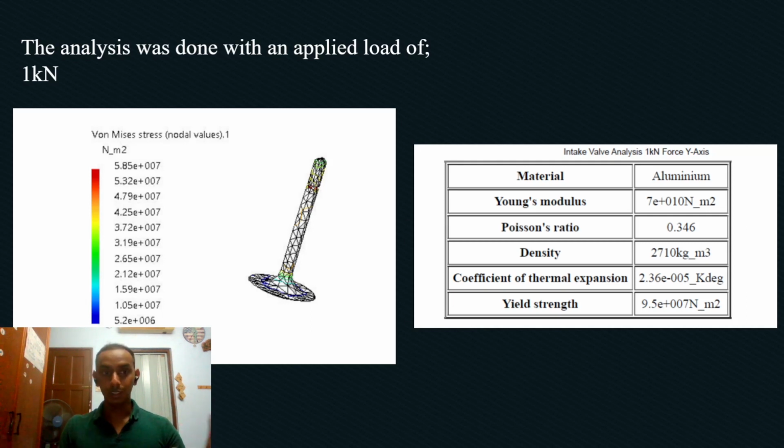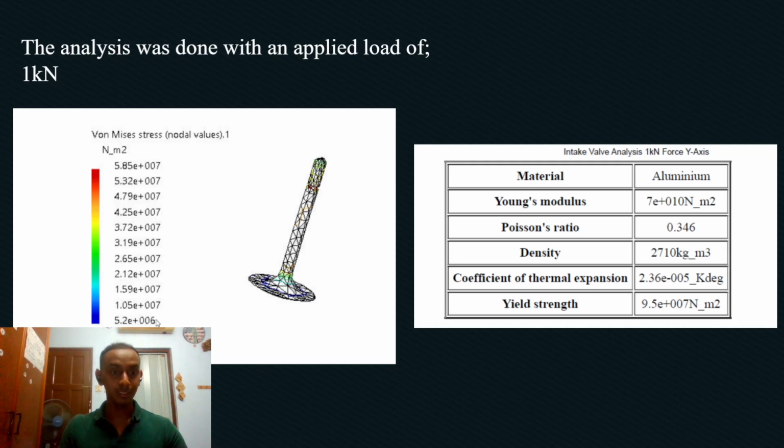For the first one, we decided to do 1 kilonewton of force, so 1 kilonewton of force acting on the valve head. Based on this von Mises stress data or graph, we can see that this valve can withstand a great amount of force and stress. So this makes it structurally strong and good.